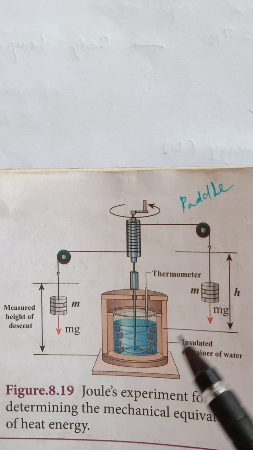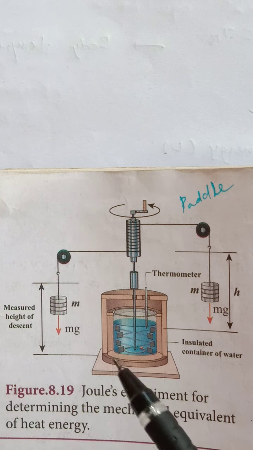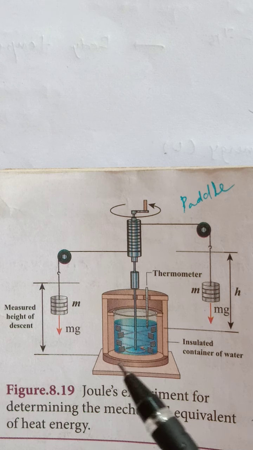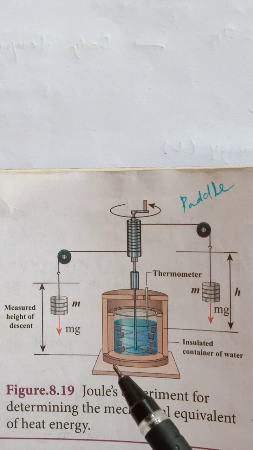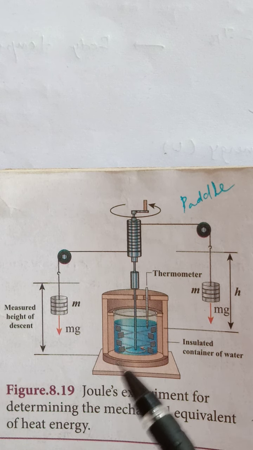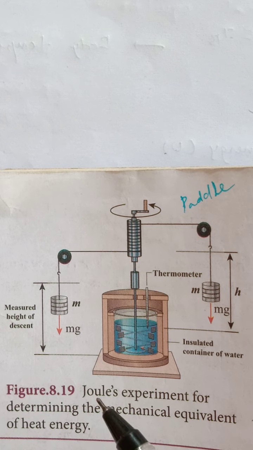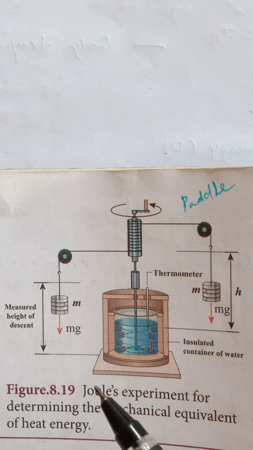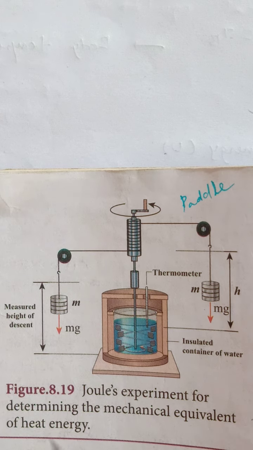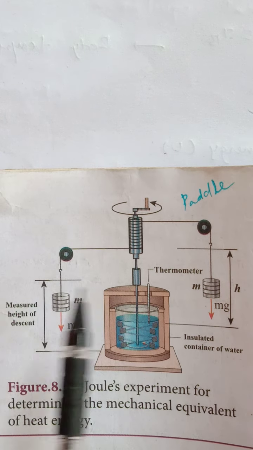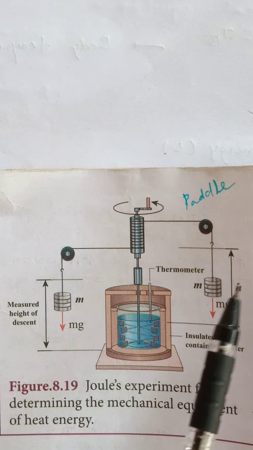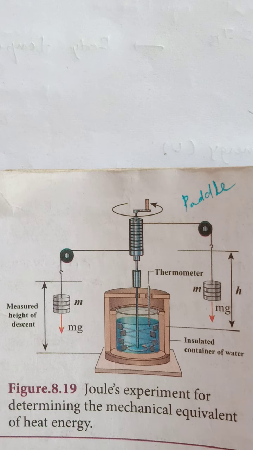Whenever the mass increases, the rotation also increases. Clear? So Joule was able to show that mechanical work has the same effect as giving heat energy. The rotation of water produces more heat. So this action is called mechanical action. You can convert it into internal energy, that is called heat energy.